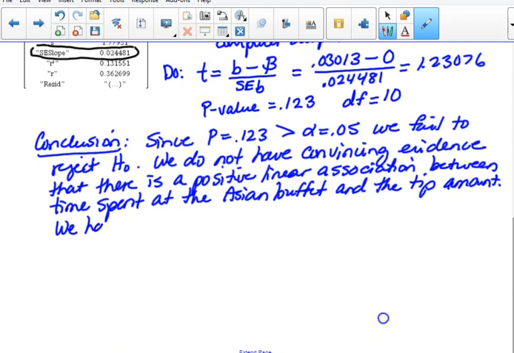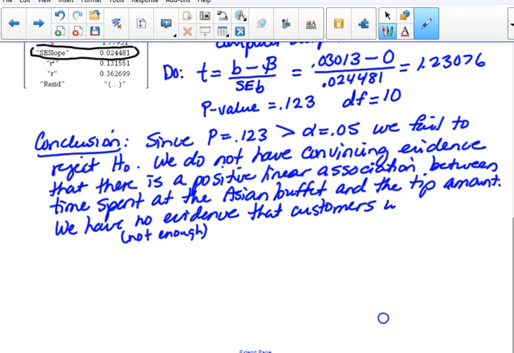We have no evidence, or at least not enough, no evidence that customers who stay longer tip more. Okay, so there's our hypothesis test. Pretty straightforward. I guess I'm done.